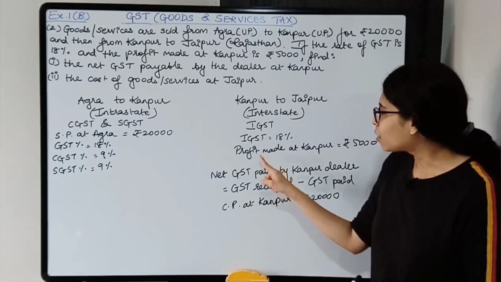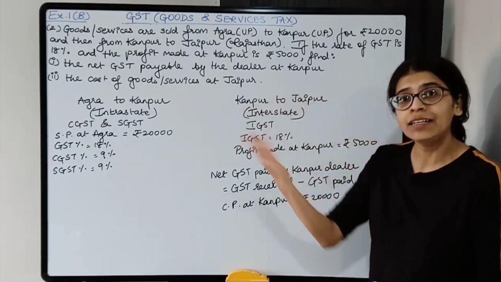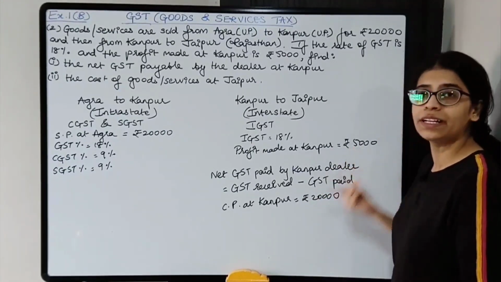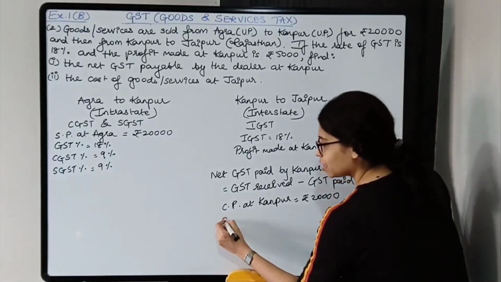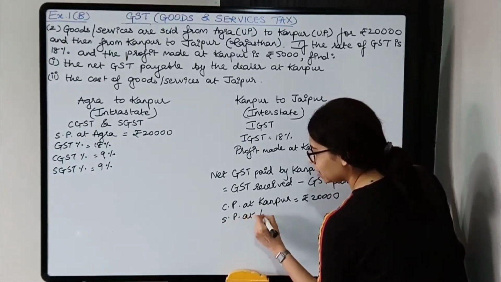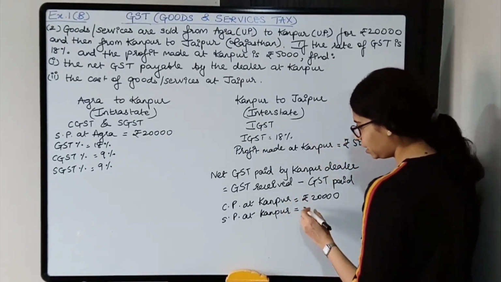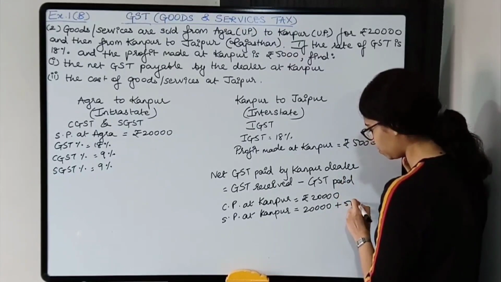Now the Kanpur dealer is keeping a profit of 5,000 rupees and then selling it. So he bought for 20,000, he is selling for 20 plus 5, that is 25,000. So selling price at Kanpur will be 20,000 plus 5,000.